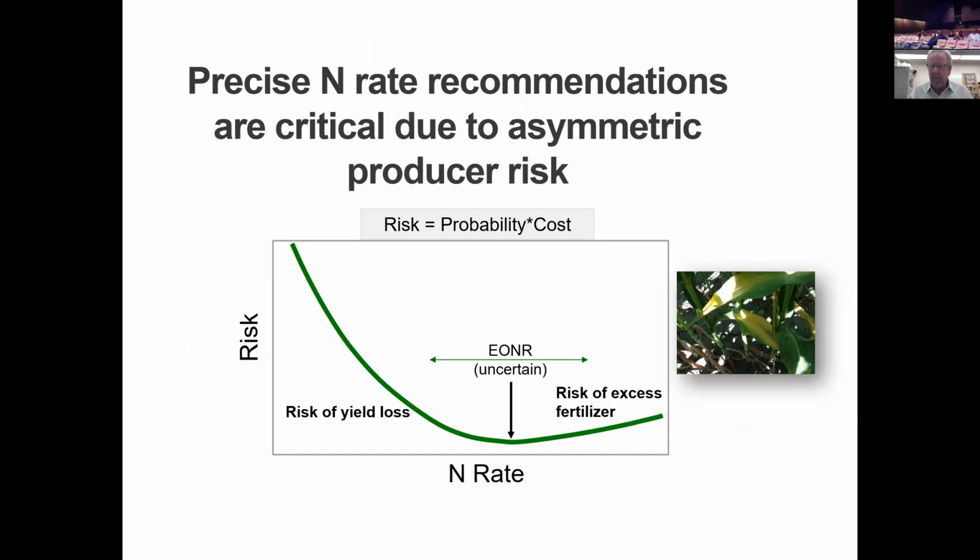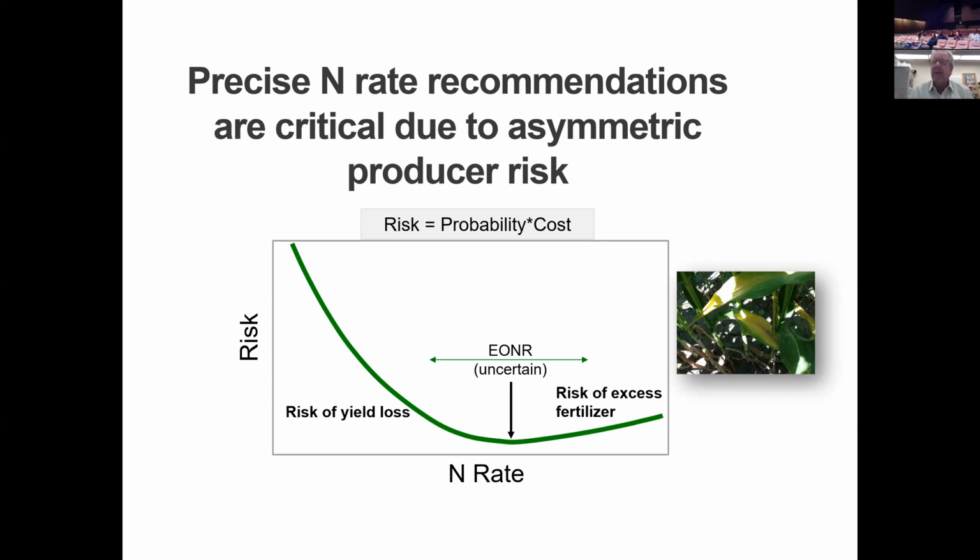An additional challenge with nitrogen management is that we have what we call asymmetric producer risk. What that means is that it is a lot more costly to a farmer if you don't apply enough nitrogen than it is to apply too much. I'm sorry, there's a little bit of an echo, so I need to turn that down a little bit.